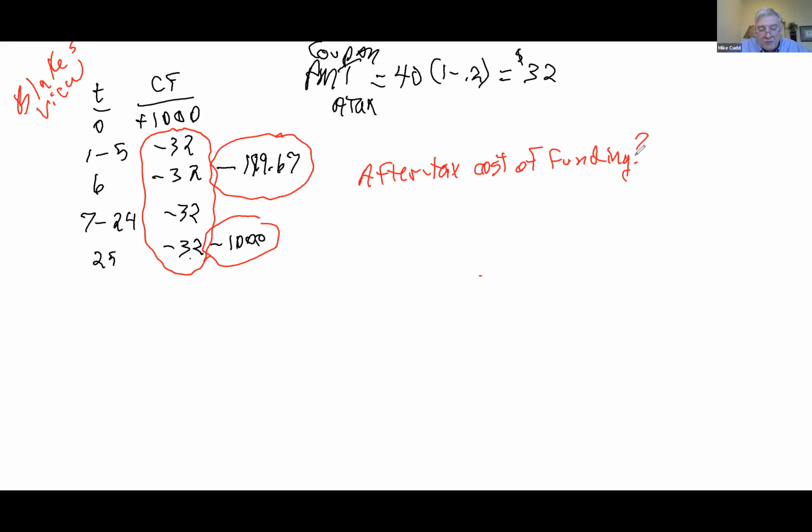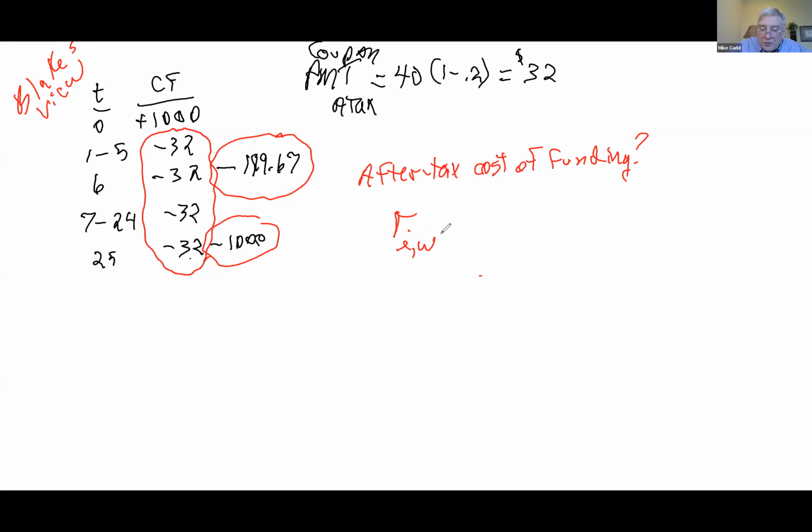Look at it this way. If you went to a bank and borrowed $1,000 and you had to pay back 32 a year for 25 years, plus an extra 200 in year 6, plus 1,000 in year 25, what interest rate would the bank be charging you on the loan? That's what we call the after-tax cost of bonds with warrants.